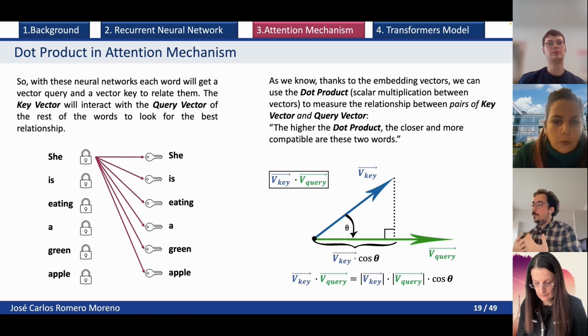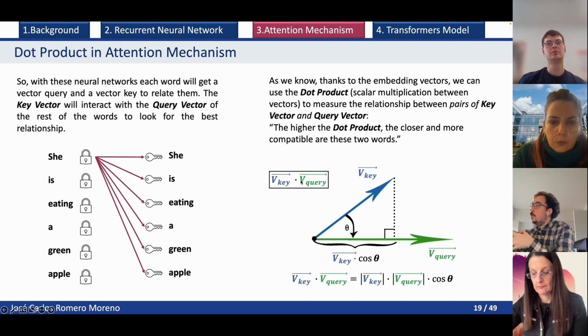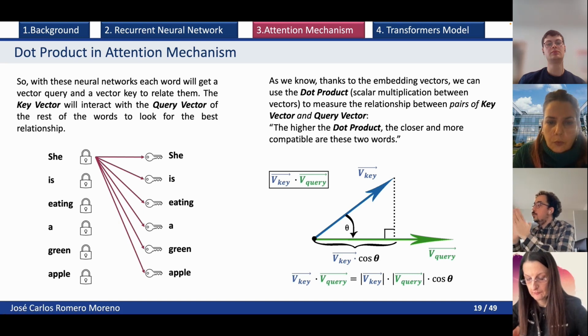So what do we do now? As I have said before, if we have vectors of numbers, we can easily compute the relation between the words using, in this case, the dot product. The dot product is just a basic multiplication between vectors, which gives how close the vectors are.